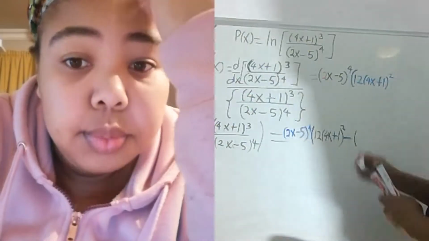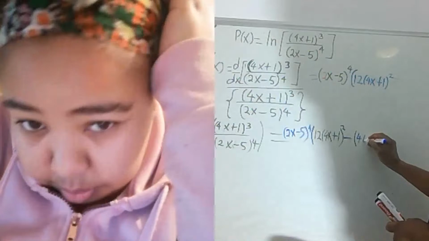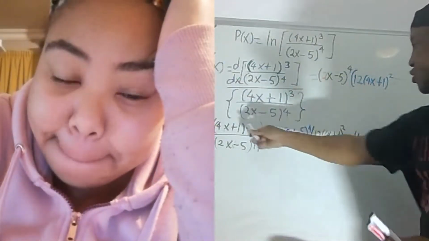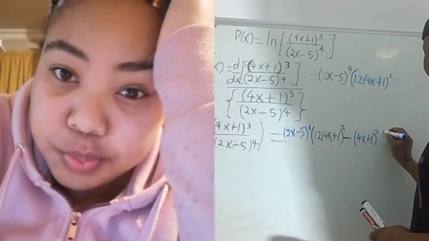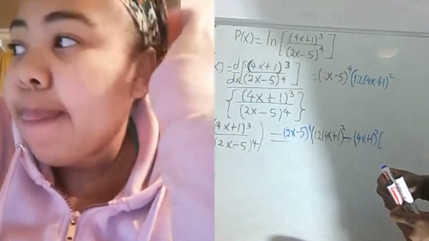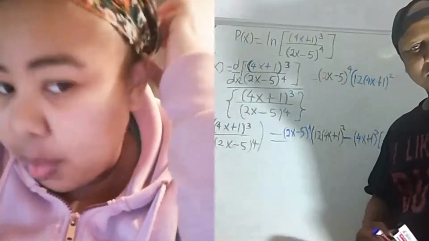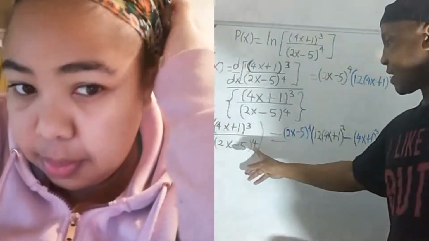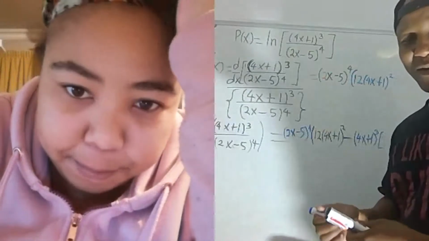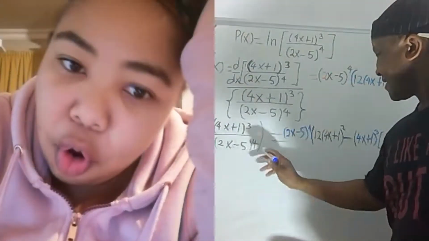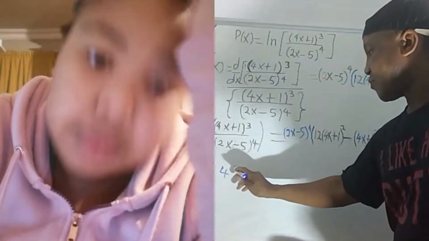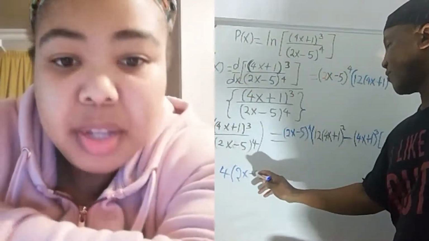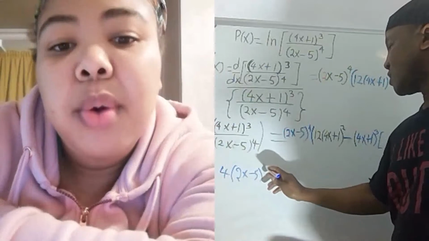The numerator is 4x plus 1, power 3. Now let's differentiate the denominator. Let's do it step by step because I don't want you to miss anything. It's going to be 4, bracket 2x minus 5 to the power 3.